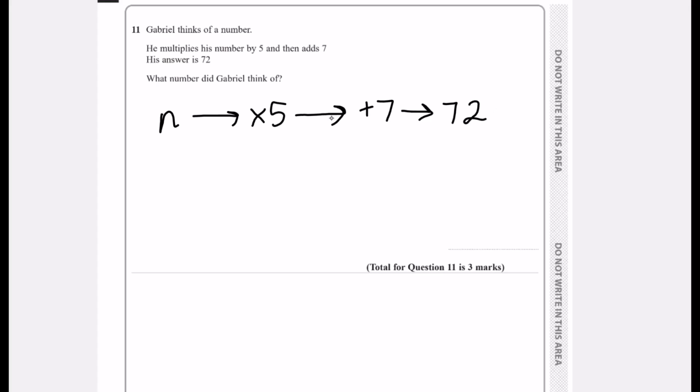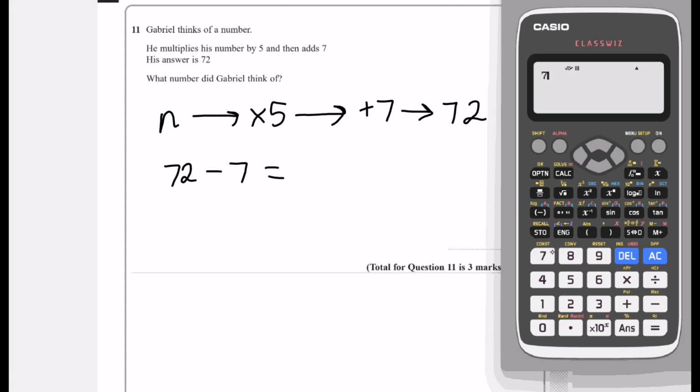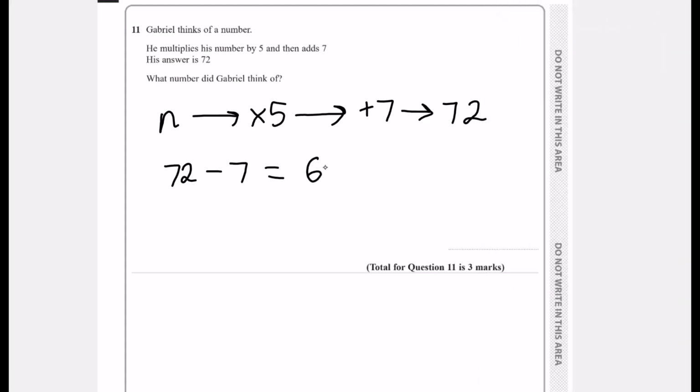And we do the opposite operation every time we go back. So 72, instead of adding 7, we do the opposite of adding 7, which is taking 7 away. 72 take away 7 is 65. So that gets us back to here.